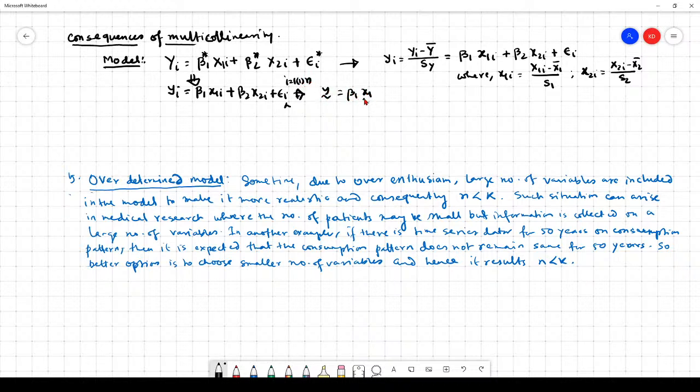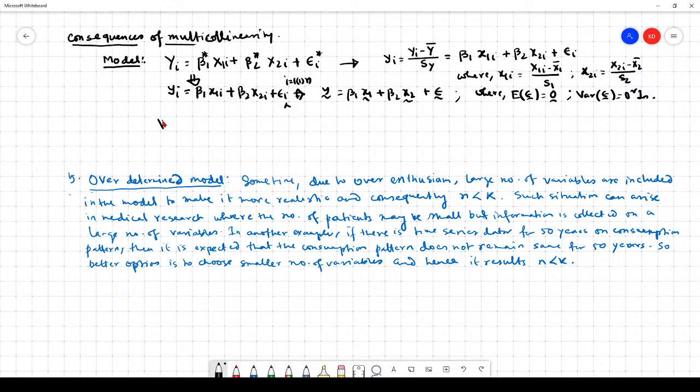In matrix notation, I can write this as y curl equal to beta 1 x1 curl plus beta 2 x2 curl plus epsilon curl, where the expectation of epsilon curl is 0 curl and the dispersion of epsilon curl is sigma square I.